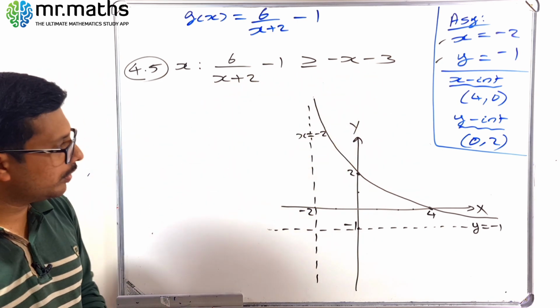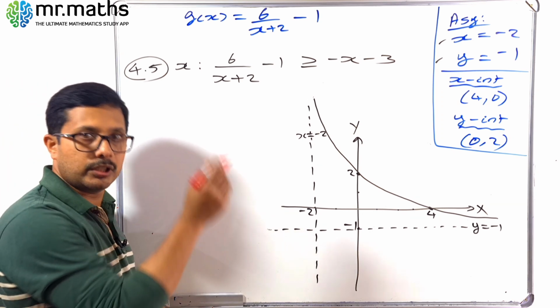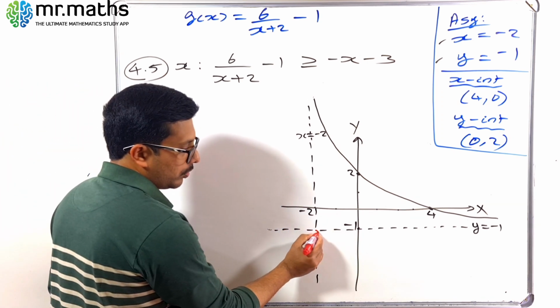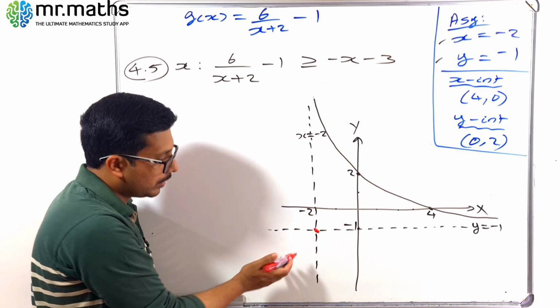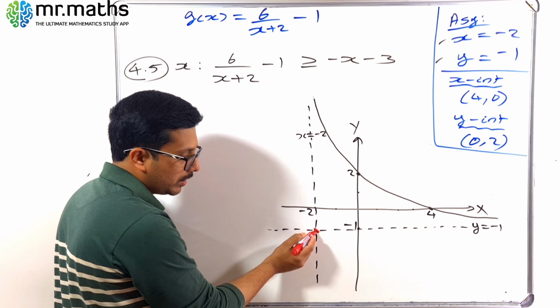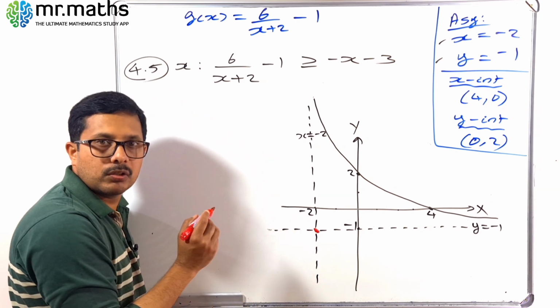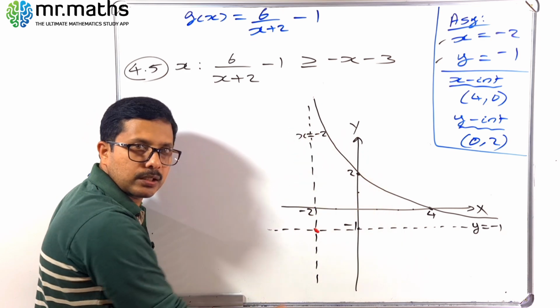So let me draw that axis of symmetry having negative gradient from the previous question. In this graph we can see that these two asymptotes meet at this point. So the line of symmetry passes through that intersecting point of the asymptotes.